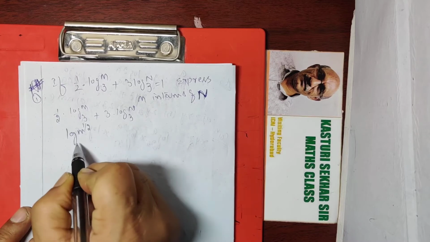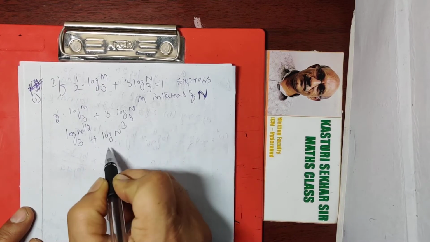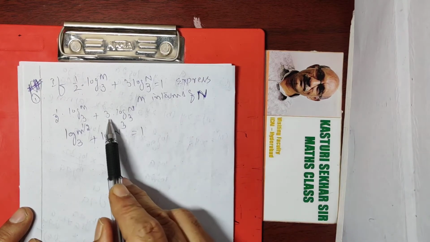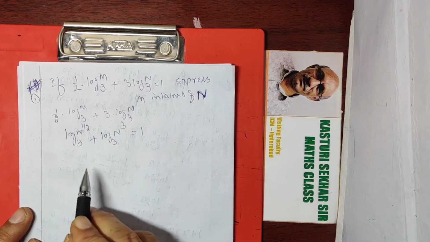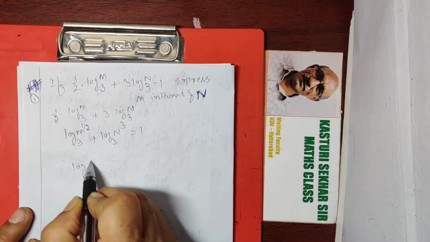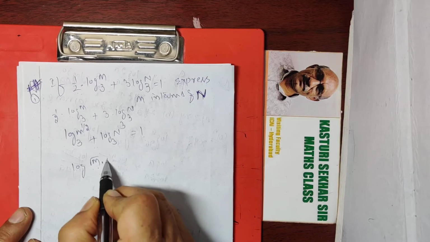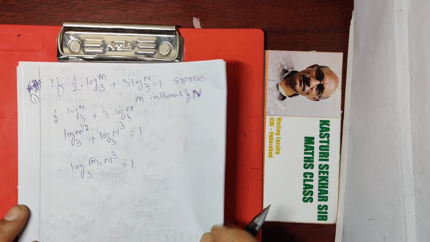M to the power half to the base 3, log n to the power 3 to the base 3 is equal to 1. Here also b log a. Log a plus log b can be written as log ab. M to the power of half can be written as root m into n cube to the base 3 is equal to 1.